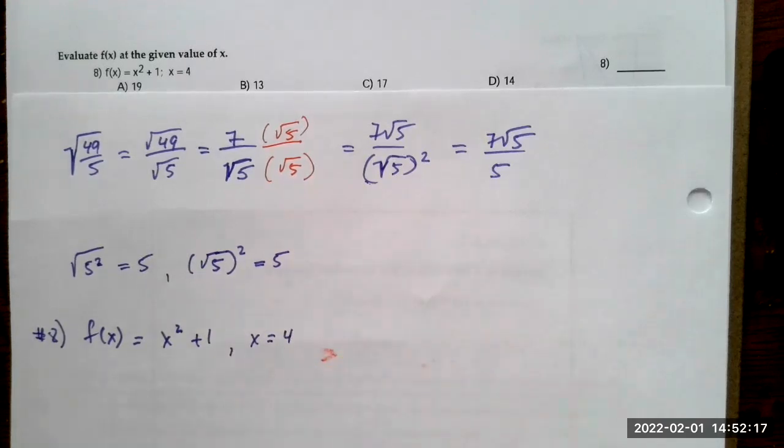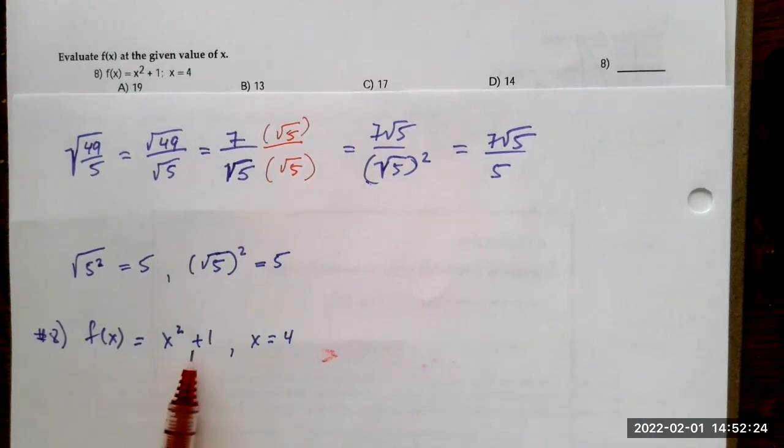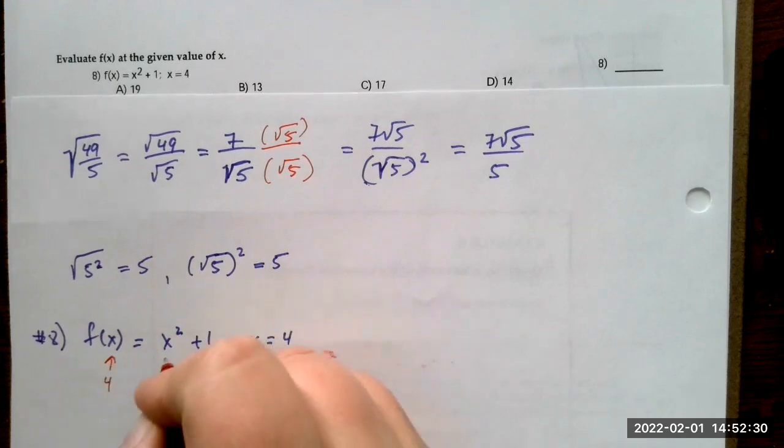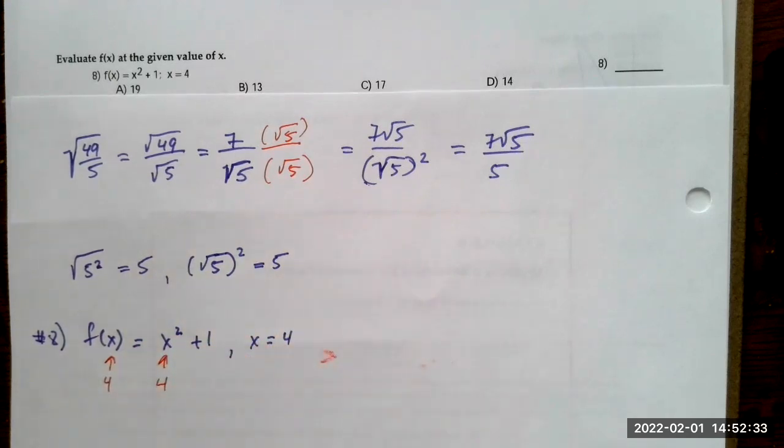So what do you do? Well, this is the function notation where x could be anything. They told you x is 4. So that's what you do. You plug in 4 whenever you see x and evaluate.